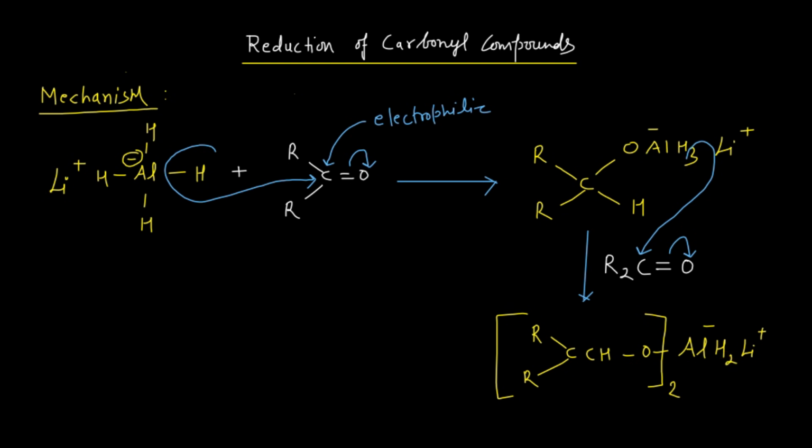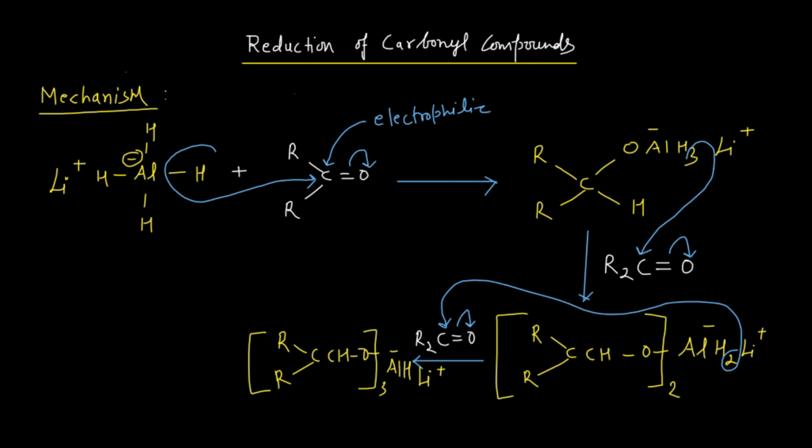So what will happen in the next step? Again, the same reaction will happen. This hydrogen will again attack onto this one, and this will come here. So what would be your next species?